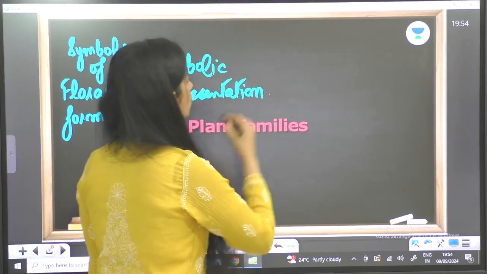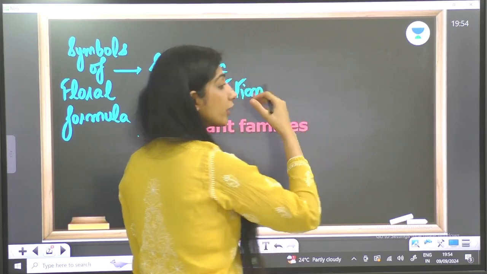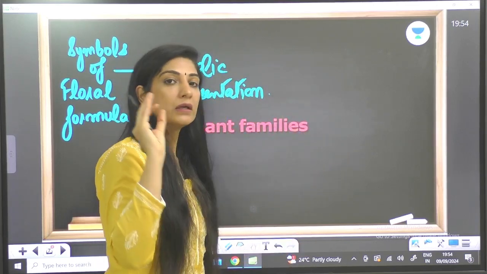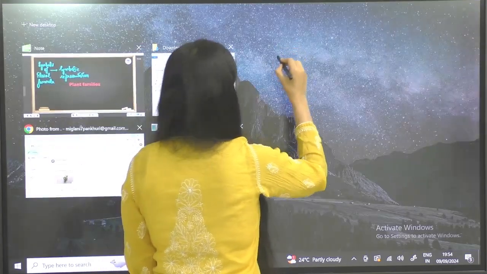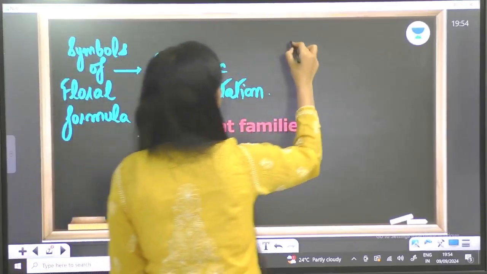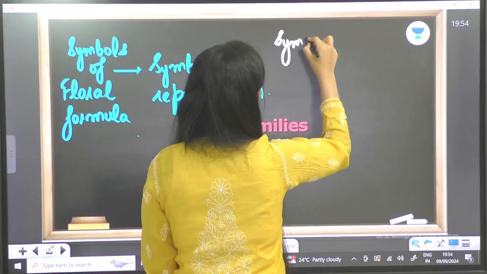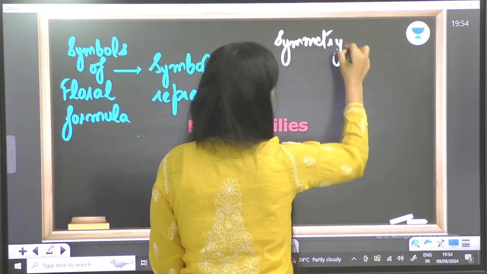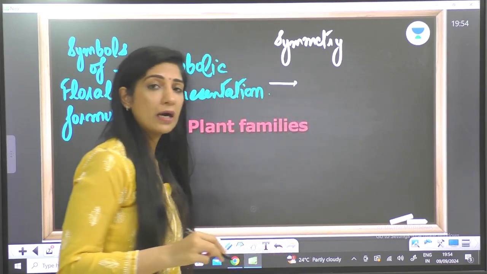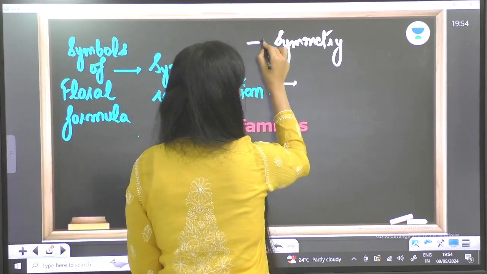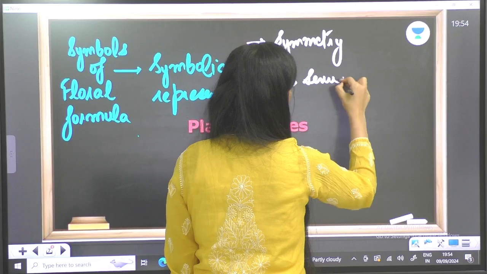The first thing you depict in a floral formula is the symmetry of the flower. Then you tell about the sexuality of a flower.